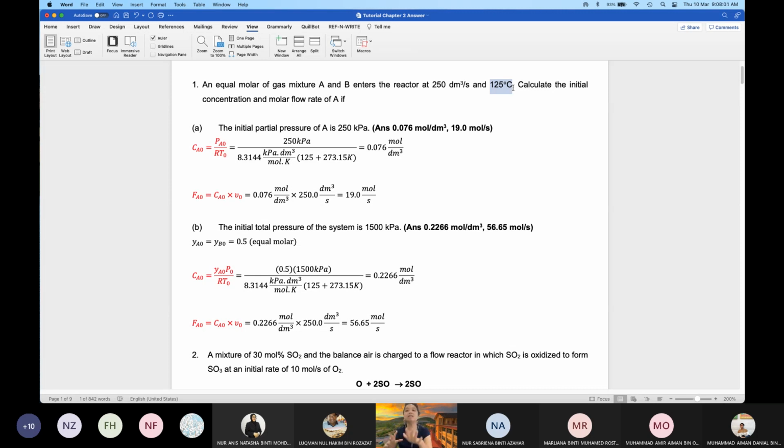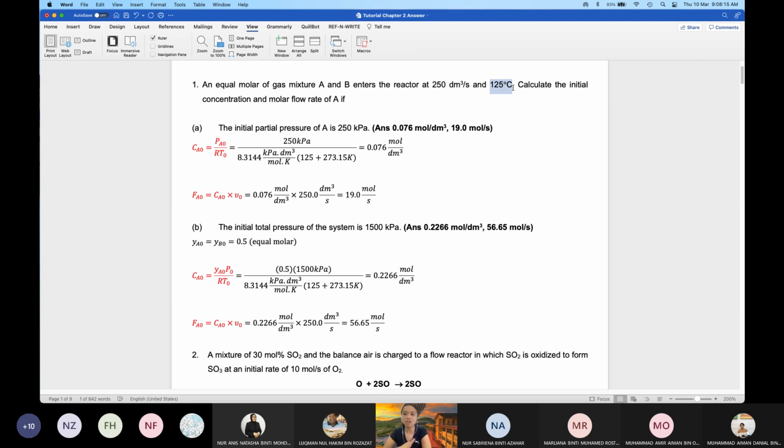So when you have this, naturally the temperature also will change, meaning initial temperature and final temperature are not necessarily the same, except if they say it is an isothermal reaction.